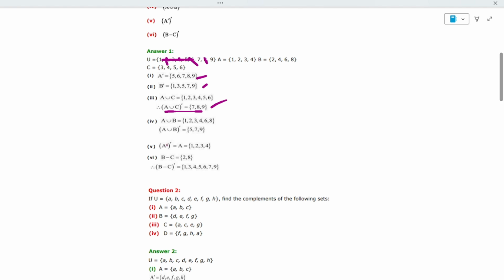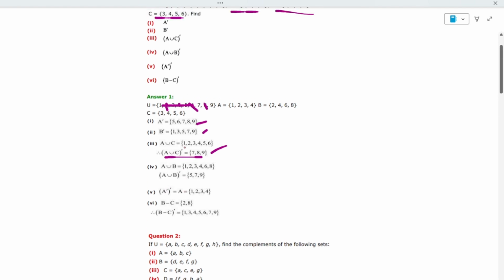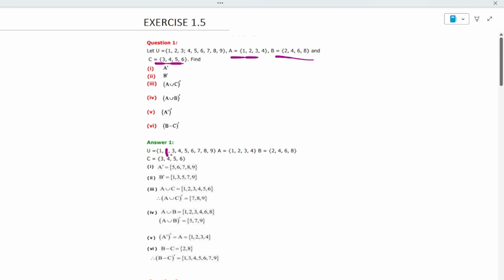First you find A complement. Now, let's see. First you remove what is there in A, that is 1, 2, 3, 4. You will get 5, 6, 7, 8, 9 as the first complement.